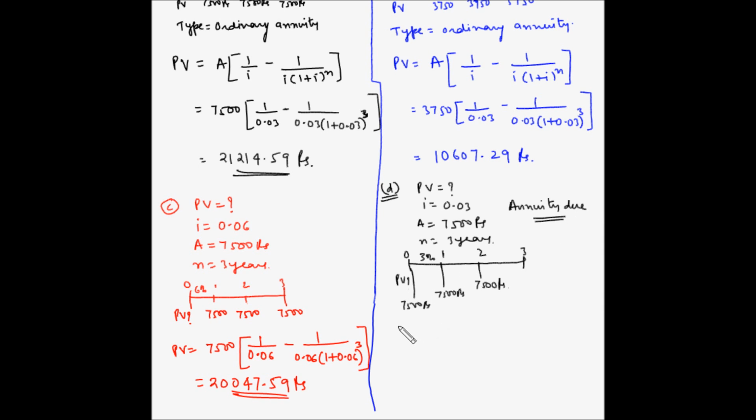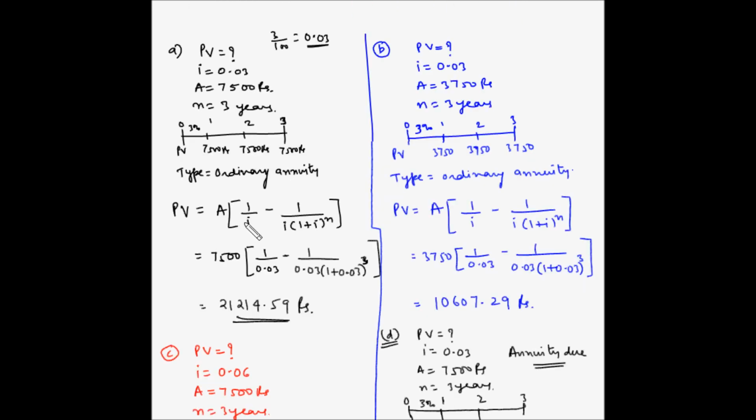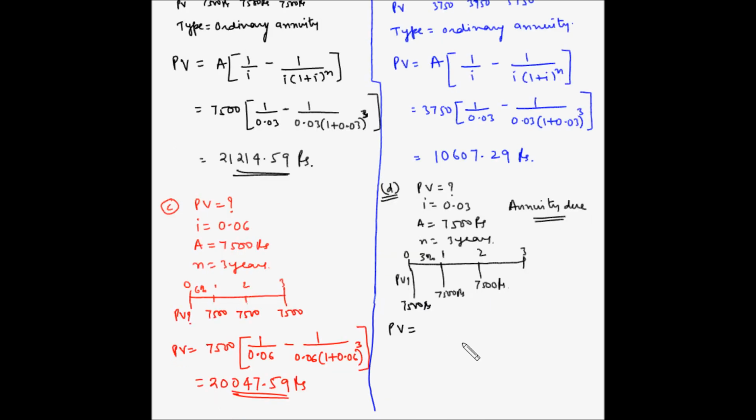So let's note down the formula for finding the present value of an annuity due. Present value of an annuity due is nothing but the present value of the ordinary annuity multiplied by 1 plus I. So basically same formula, and to this we have to multiply 1 plus I. So A into 1 plus I into bracket 1 divided by I minus 1 divided by I into 1 plus I to the power n.